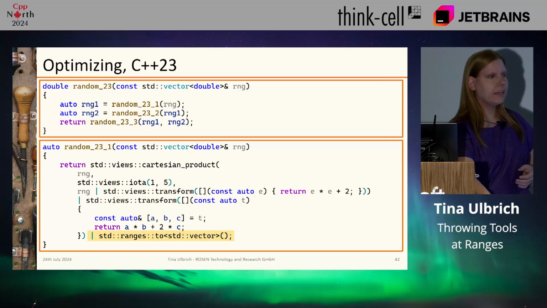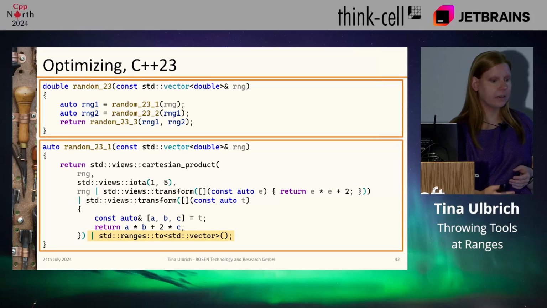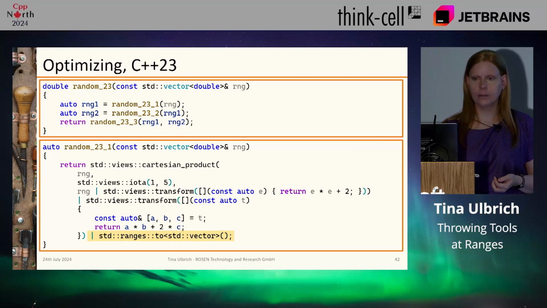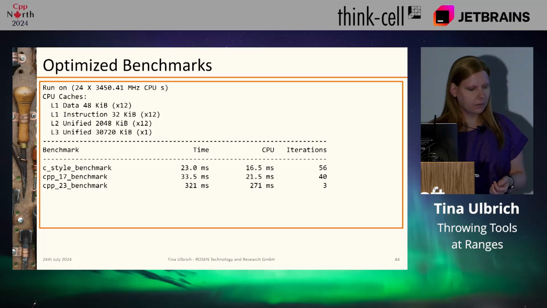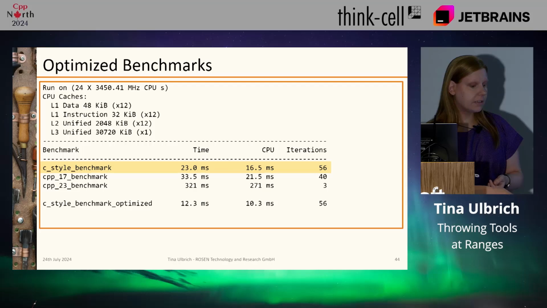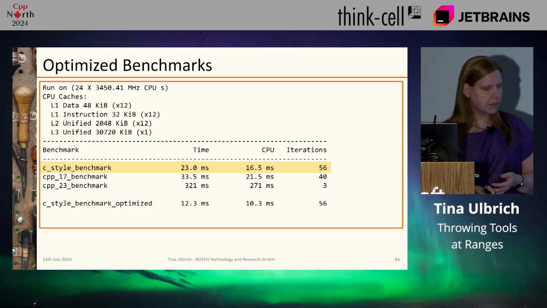But now this is not lazy anymore. This is evaluated eagerly. But in this case, I want to have that because I only want to have this big nested loop evaluated once. And this is how I force it to be evaluated at this time. So we benchmark this again. And we can see we cut the time in half for the C-style C++.